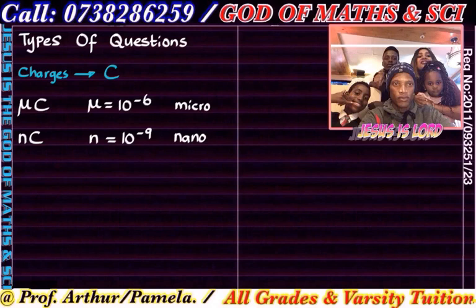Then the next one, which is going to be to the power of 12, they use a P. It's pico. So that P actually stands for 10 to the -12. So I believe it's pico. You can go check the spelling.